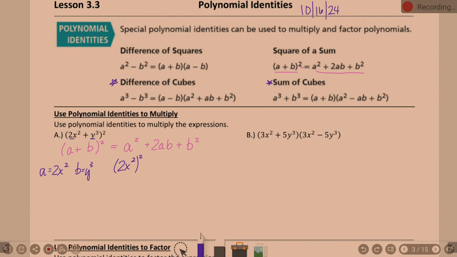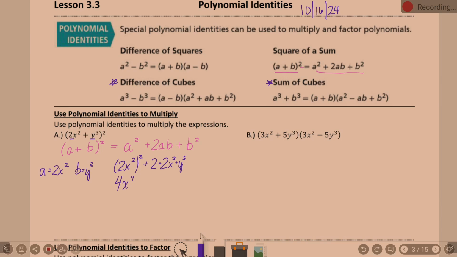What is 2x squared times 2x squared? 4x to the fourth? You're squaring the whole thing in there, right? Then it's going to be plus 2 times a, which is 2x squared, times b, which is y cubed.